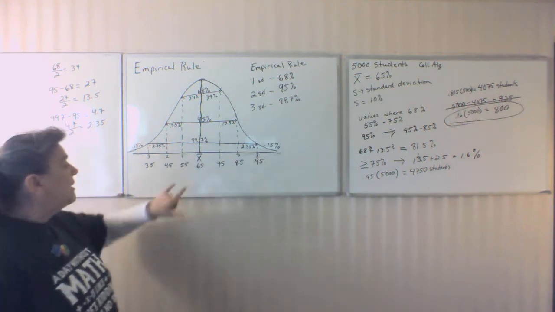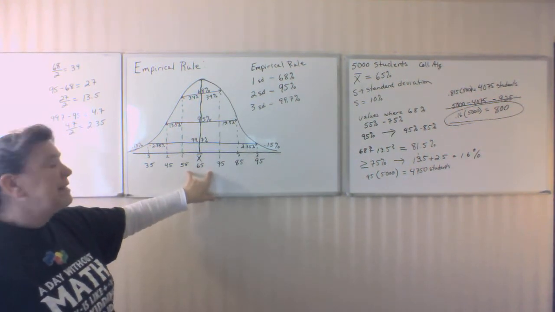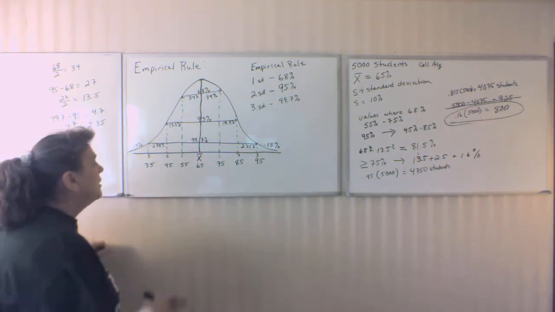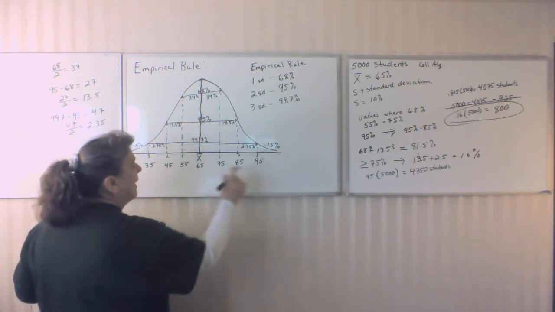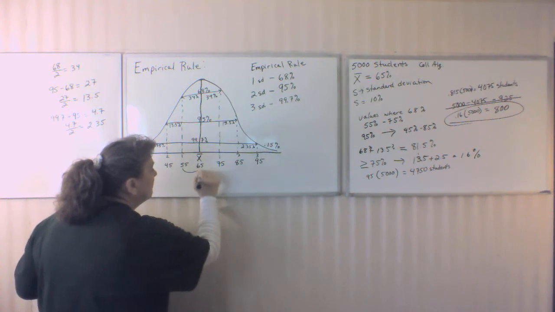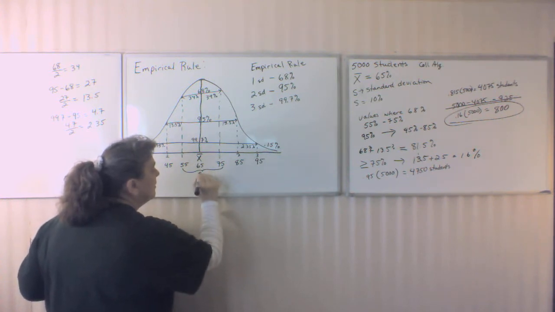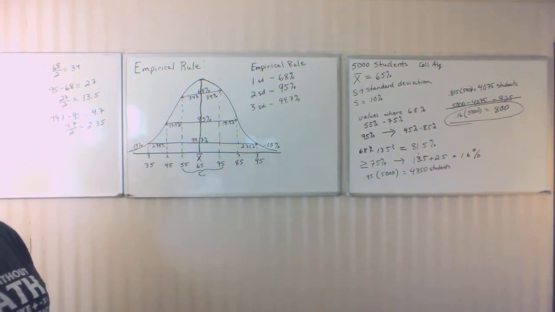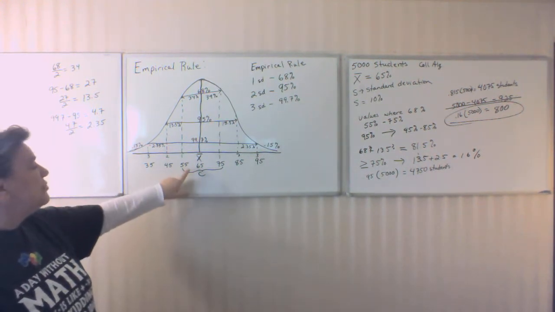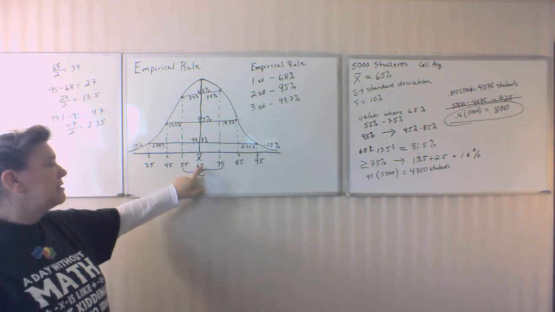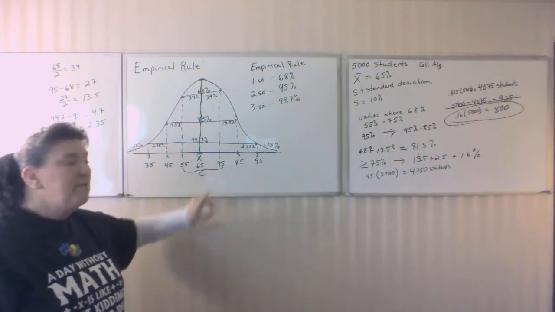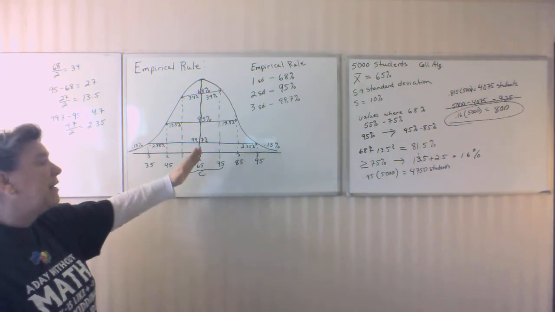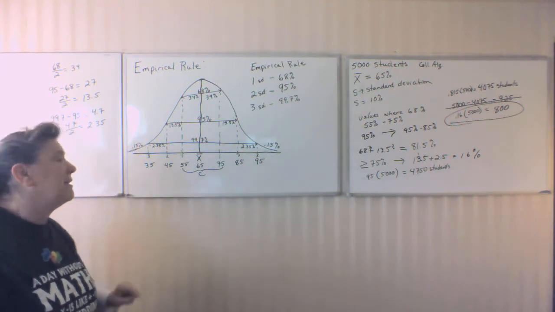Why? Because your grade was in the first deviation to either side of the mean. So this one wouldn't be bad. From here to here, first standard deviation, all of those students would get a C. And you really wouldn't mind that, because usually this would be a D and this would be a D and that would be a C. But those that had lower scores, they would really like this.